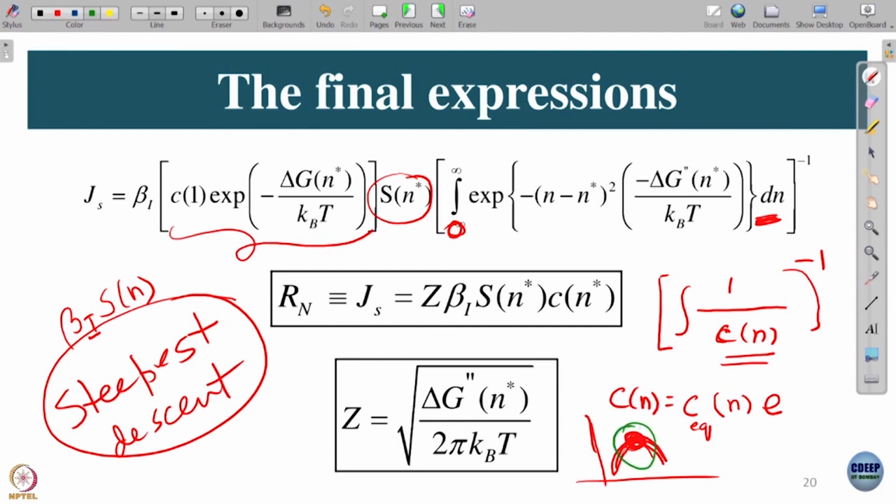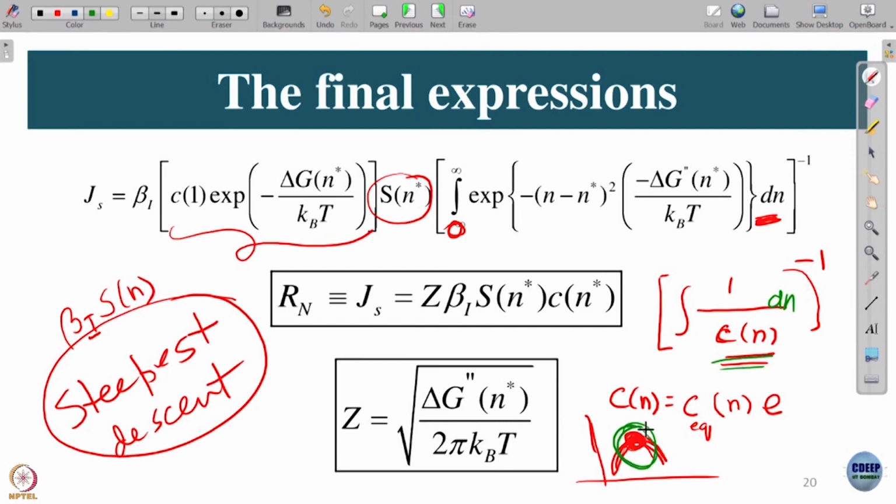If Cn is very small, then it is in the denominator. So in the integral over dn, this quantity dominates, and so I can now consider only a small region around here.